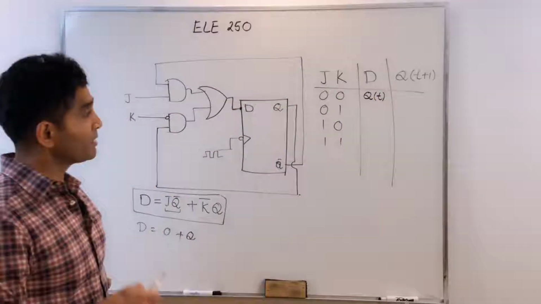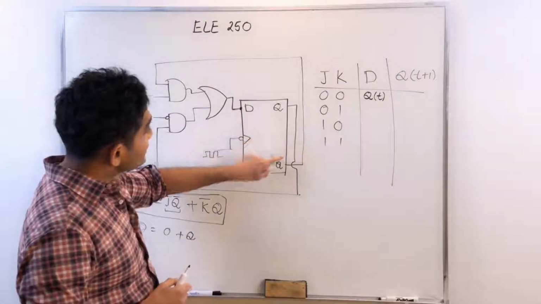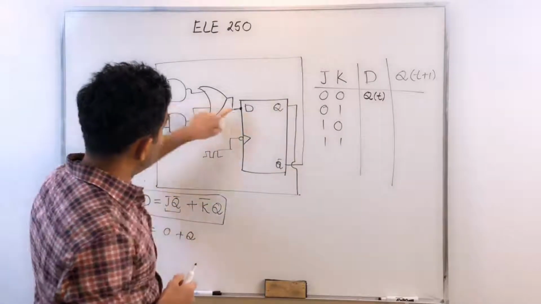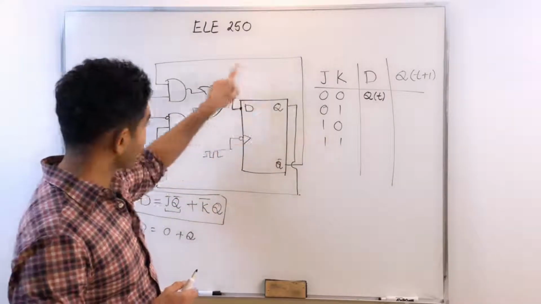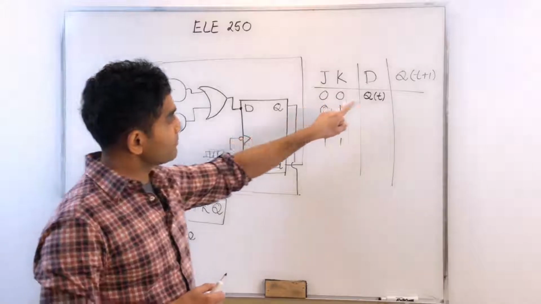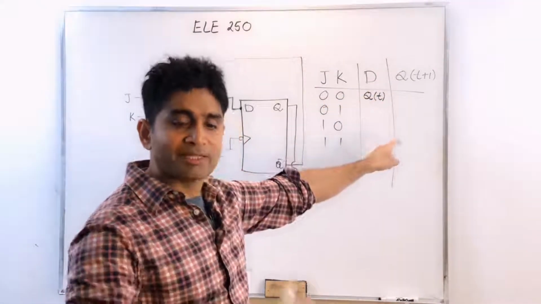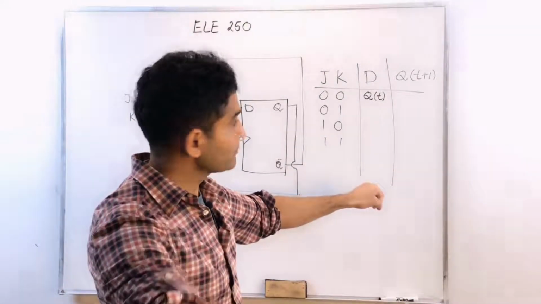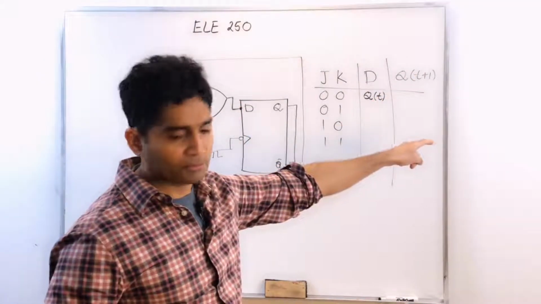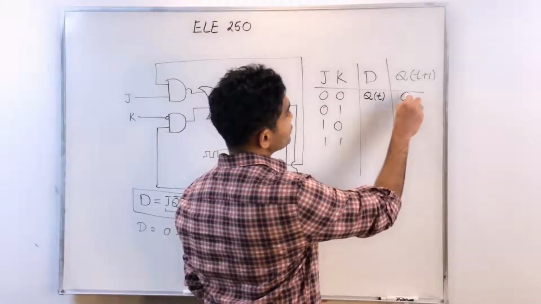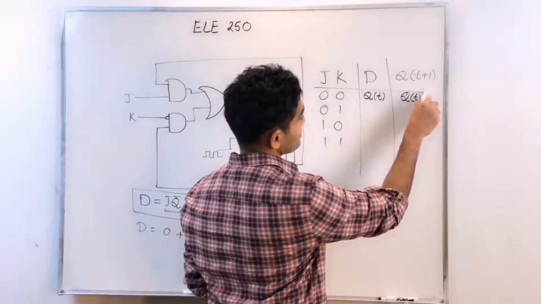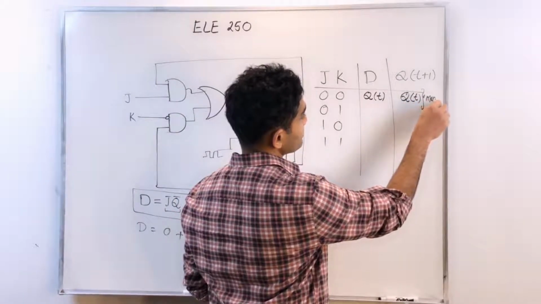I'm recirculating Q back to D through this feedback mechanism. So at my D input, I'm applying Q of t. In the next active edge, my Q of t plus 1 remains as Q of t. It doesn't change. So that constitutes your memory.